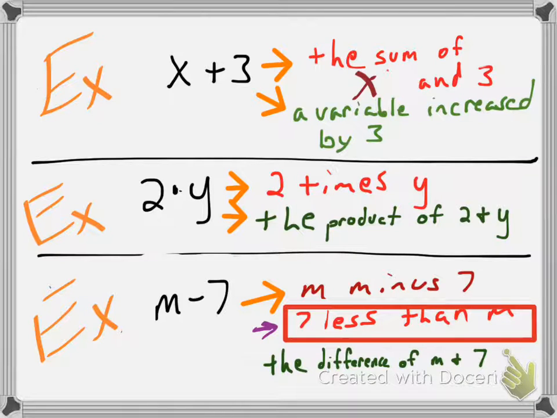So that would be like taking m and minus 7. Let's always think about it in numbers. If you're ever confused, always plug in some numbers. What's 9 less than 10? Well, you automatically think, oh, it's 1, because 9 less than 10 is 1. But how would you actually write that out? You would say 10 minus 9 is 1. You see how it's backwards? So always be careful with that one.